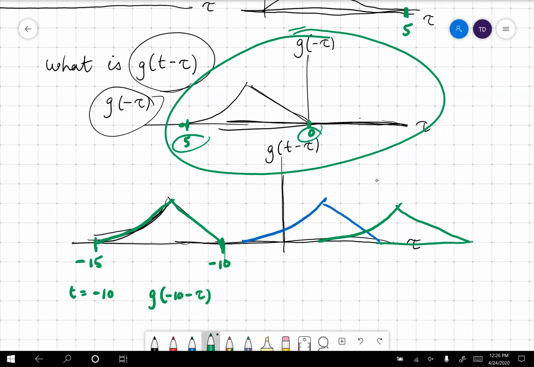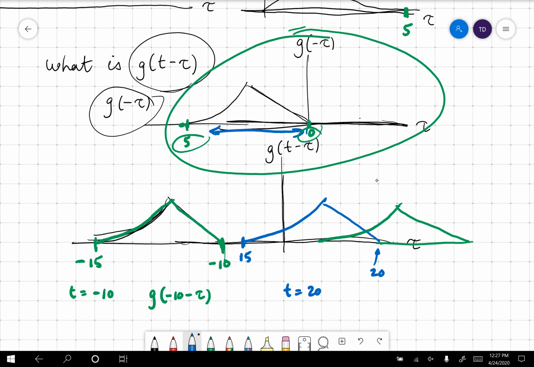If I said t was equal to, making it up, 20, then this leading edge here is 20, and this edge right here is, I'm sure I didn't draw this well, but look at this distance from here to here was 5, so it'd be 20 minus 5, which is going to be 15. And I know it doesn't look like it's 15 on this graph. Don't worry about that.